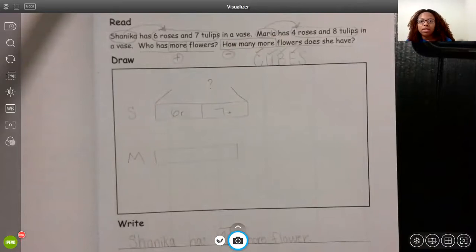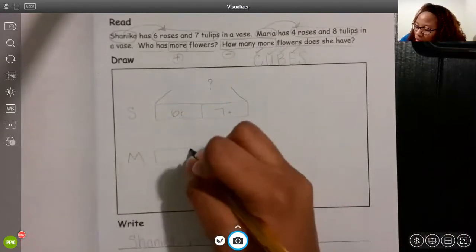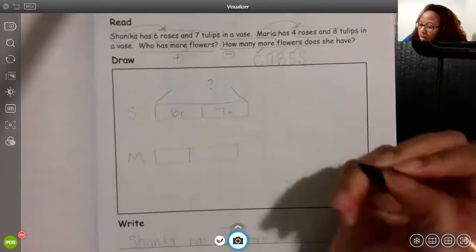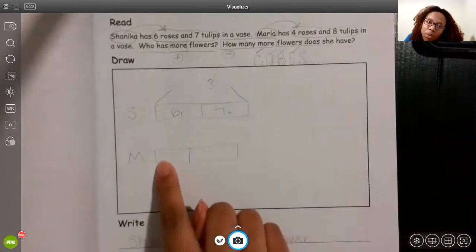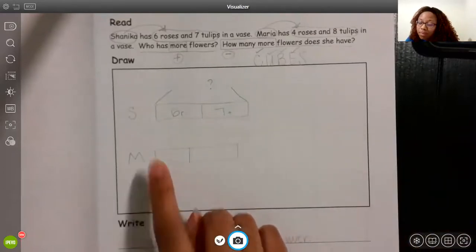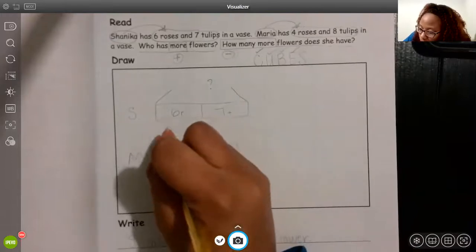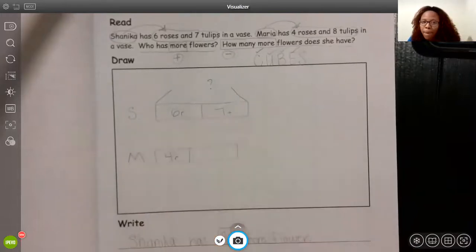Now in our sentence, Maria has 4 roses and 8 tulips in a vase. Do you know your 2 parts, or do you know a part in the whole? You know your 2 parts for this one as well. So don't forget to draw your line and your tape diagram. This side is a little smaller, so what number will go right here? 4, and don't forget the R for roses.